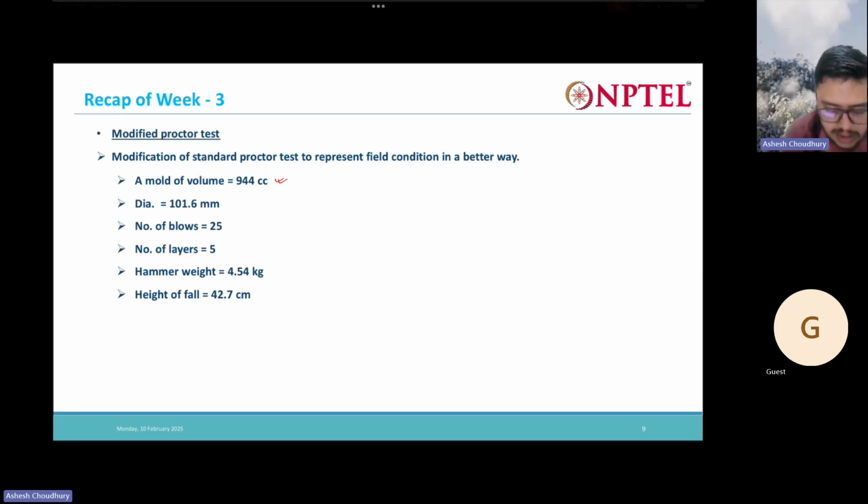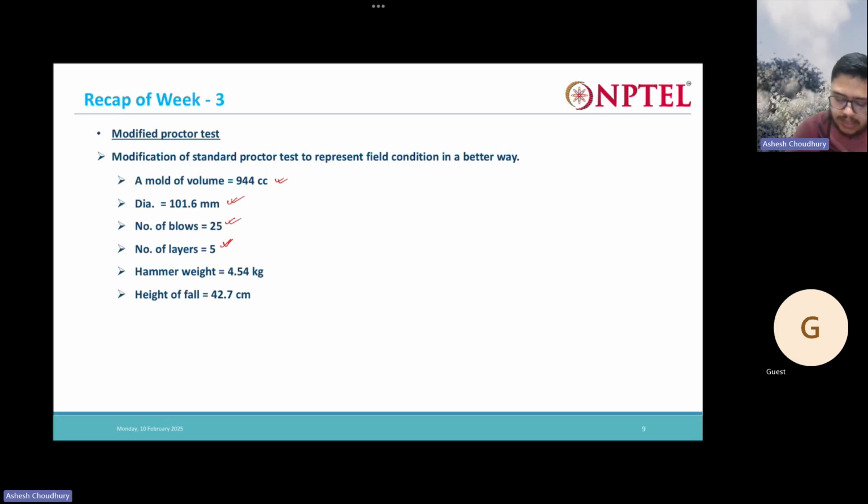Because whenever you do the test pertaining to some standard code, you refer to that code and then do the test. In that you can see the volume of the mold is the same as previous, the diameter is also the same, the number of blows are also the same, but the number of layers here is 5. Before it was 3 in the standard Proctor test, but in the modified Proctor test we need to put 5 layers.